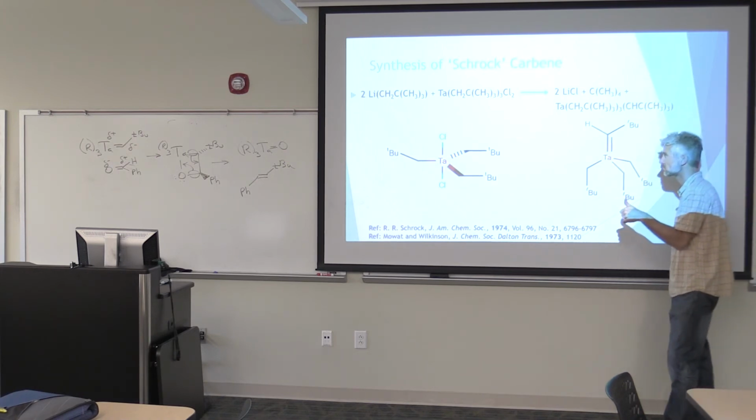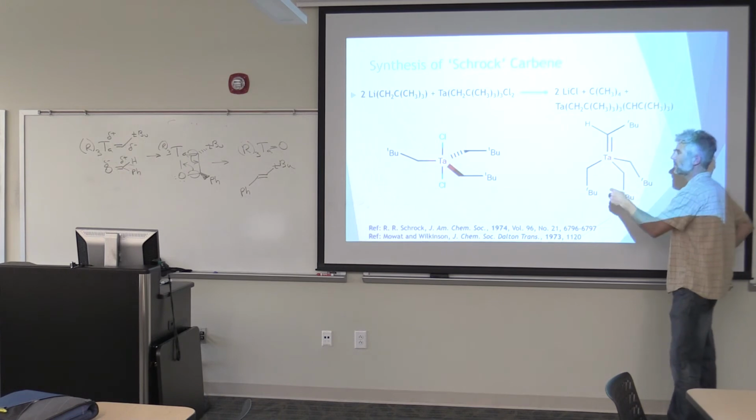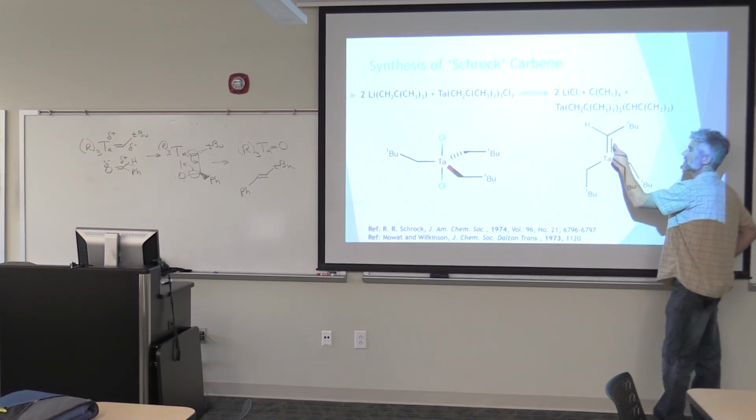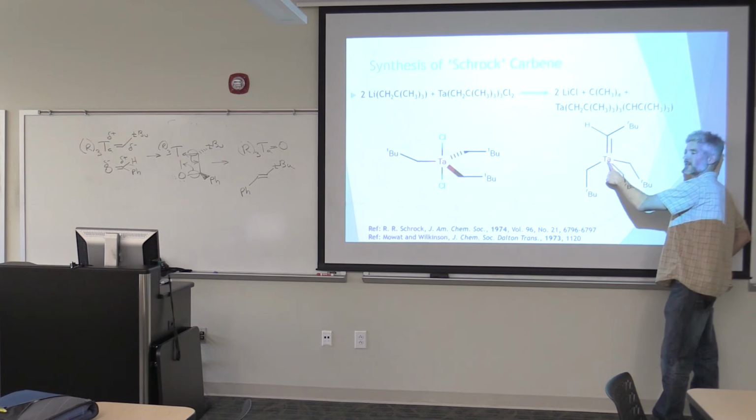I think it's 10. So we'll have 2, 4, 6, and then 8, 10. Again, -2, -1, -1, -1. Tantalum only has 5 electrons, so it goes to 5 plus, so we're at d0 yet again. Last thing, something I haven't mentioned structurally: this only has 10 electrons around it.